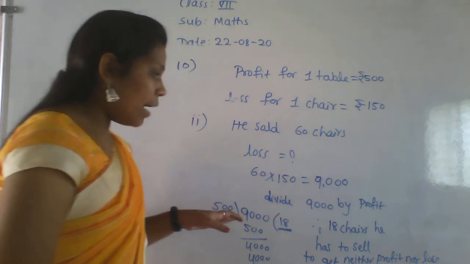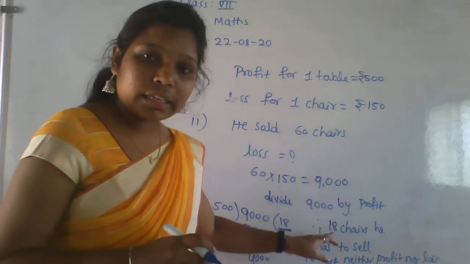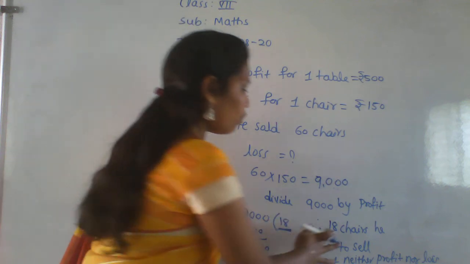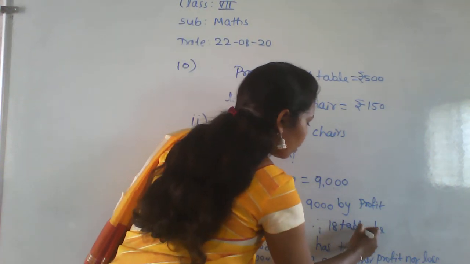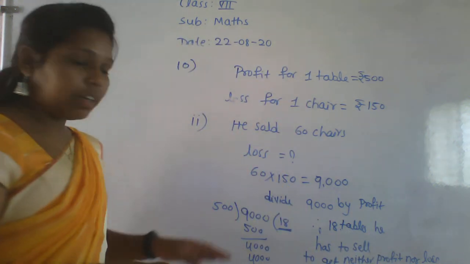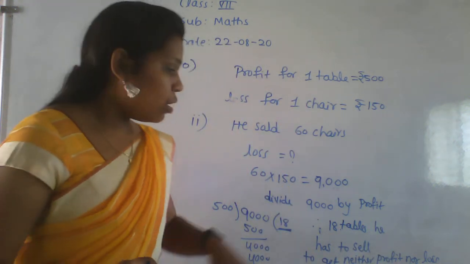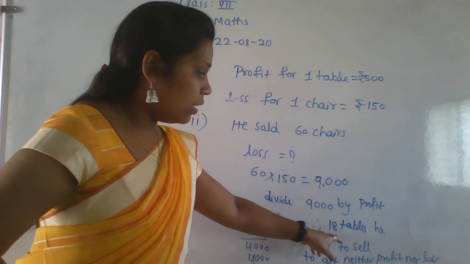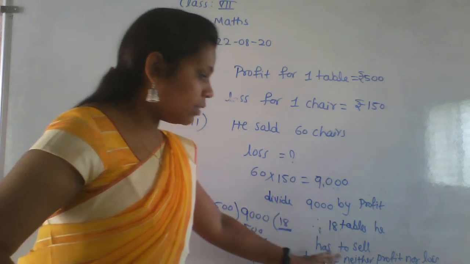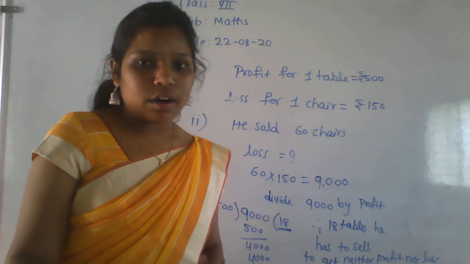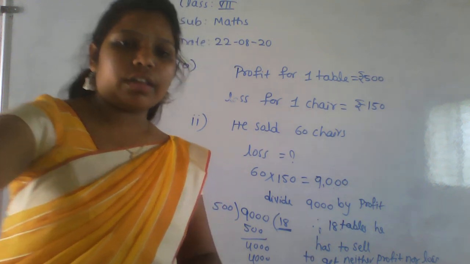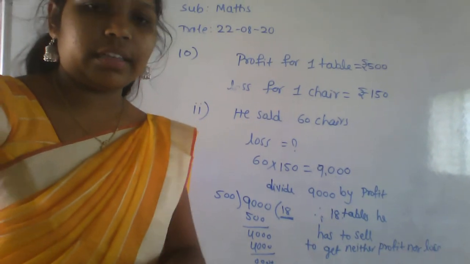But to manage that, we are selling some tables here. From those tables we will get a profit, right? So that profit has to offset it. So if he sells 18 tables, then he will get neither profit nor loss.